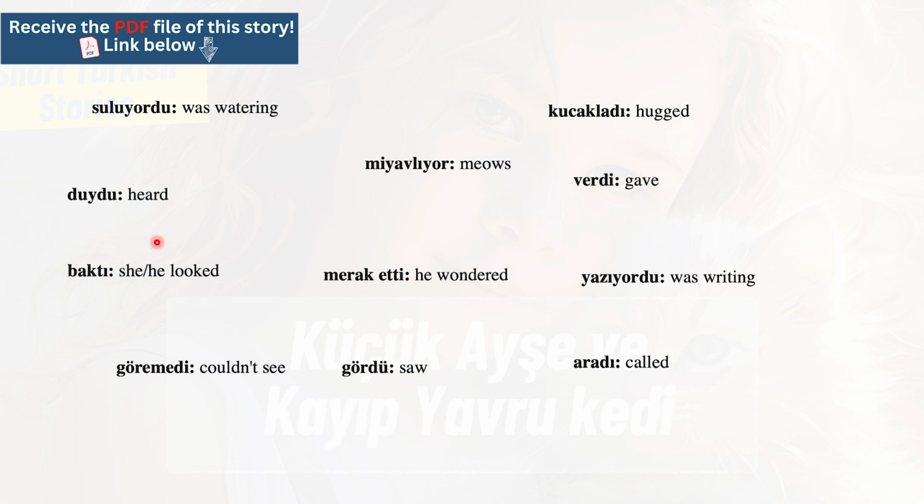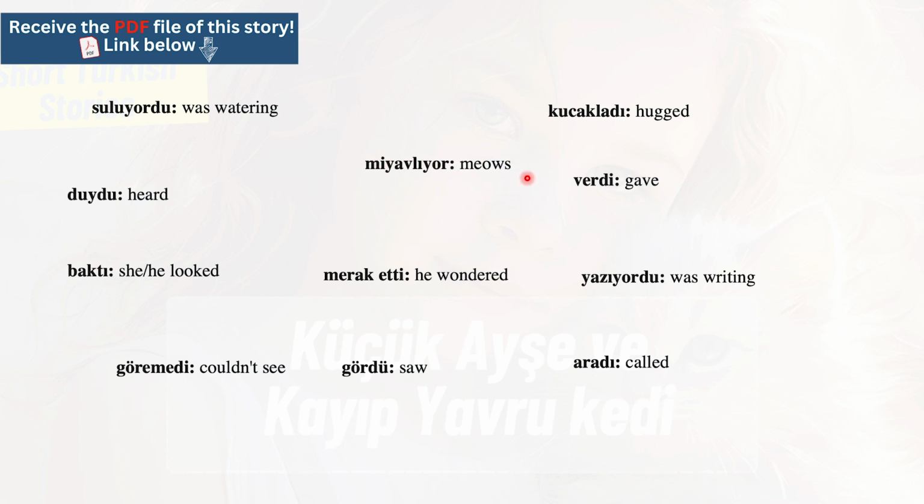Baktı, she or he looked, depending, or it looked also, you can say he, she, it, the same. Bakmak, to look, and t is the past, and because we have k, we put t as the past. That's it. Göremedi, couldn't see. So, emedi, couldn't. The e and the me means cannot. Di is the past. Miyavlıyor means the sound of the cat meows.